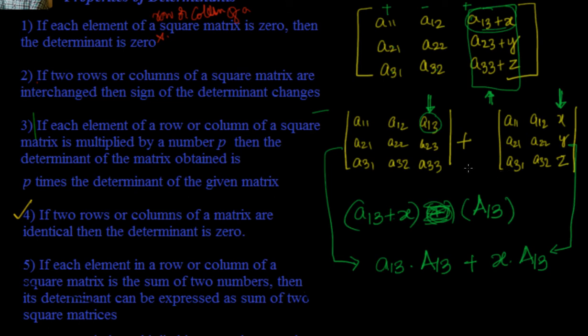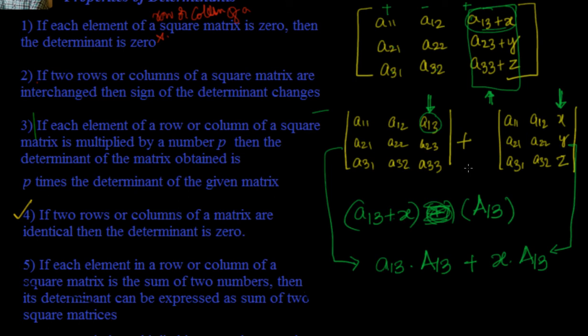What's that property? If each element in a row or column of a square matrix is sum of two numbers, then its determinant can be expressed as sum of two square matrices whose columns or rows will remain the same, other than that particular column or row where it is expressed as sum of numbers.